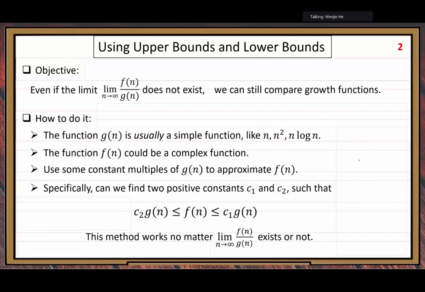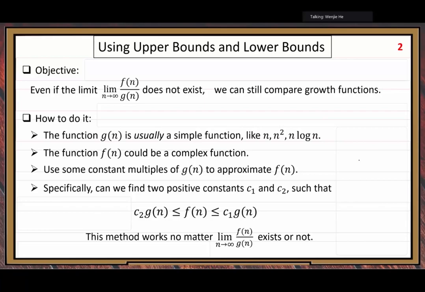Remember, I gave you a counterexample last class. In that example, you can find an upper bound and a lower bound, but the limit does not exist. So you can see this method solves the problem of case number 4, where the limit does not exist.